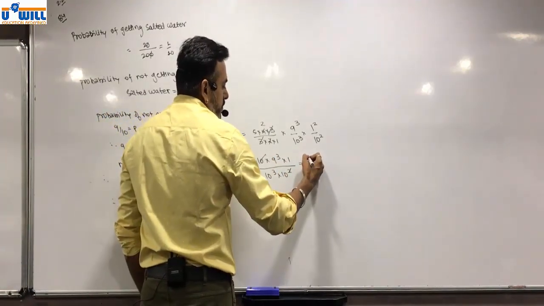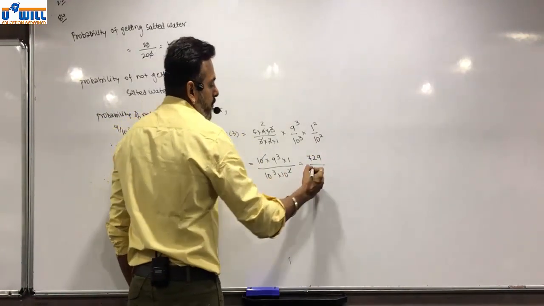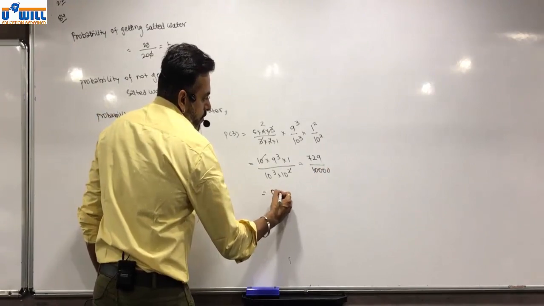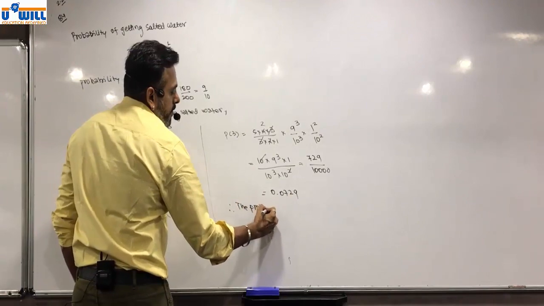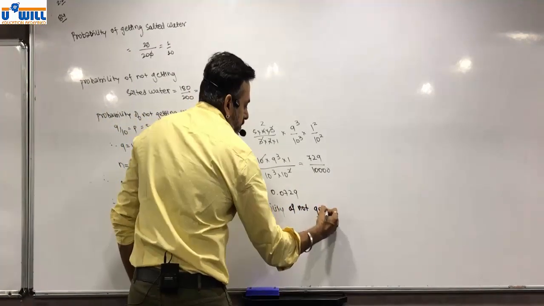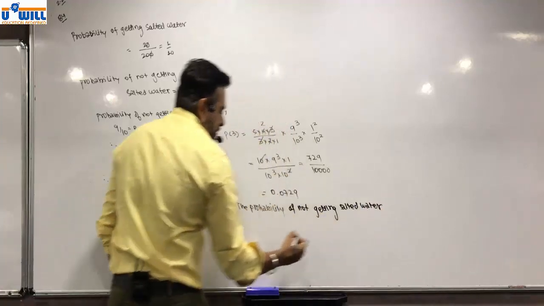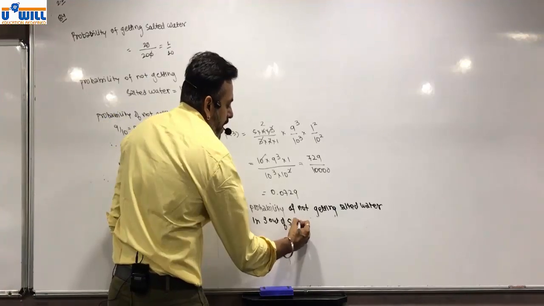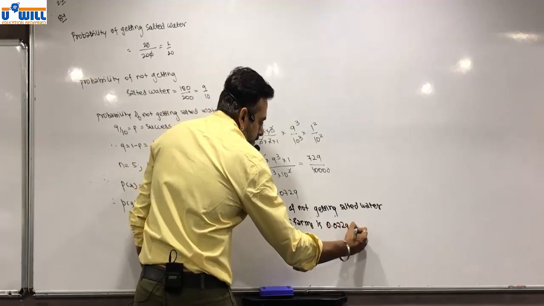So 9 cube is 729 upon 10 raised to 4, which is equal to 0.0729. Therefore, the probability of not getting salted water in 3 out of 5 farms is 0.0729. Answer.